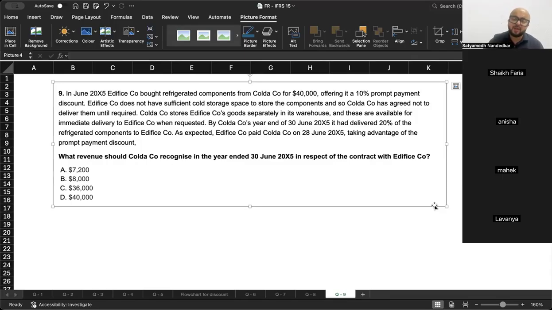What revenue should Kolda Company recognize in the year ended 30th June? ठीक है, it has delivered 20% of the refrigerated components to Edifice Company. Yeah, what does this situation remind you of? ये कोई स्पेशल केस है क्या? Think.